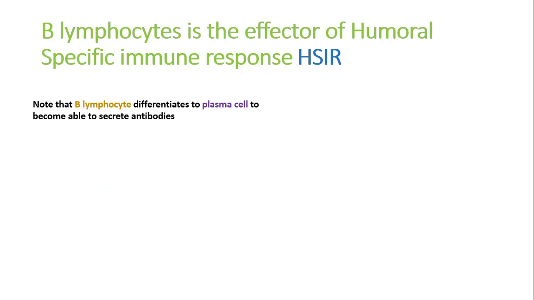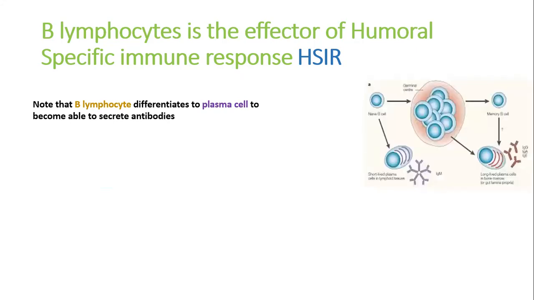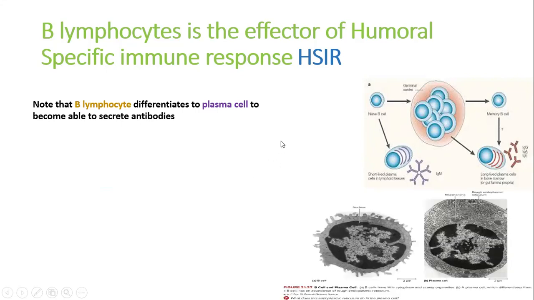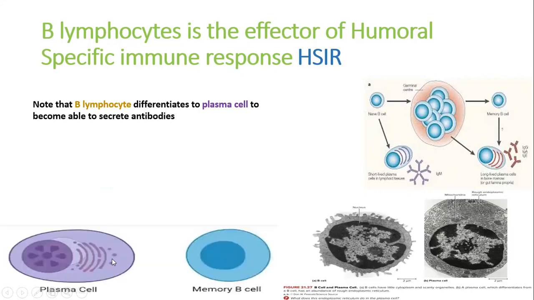Not the B lymphocyte which secretes antibodies, but the plasma cell, which is a differentiated B cell. This is the difference between a B lymphocyte and a plasmocyte or plasma cell. And this is a figure, memory B cell and plasma cell. Plasma cell is able to secrete antibodies.